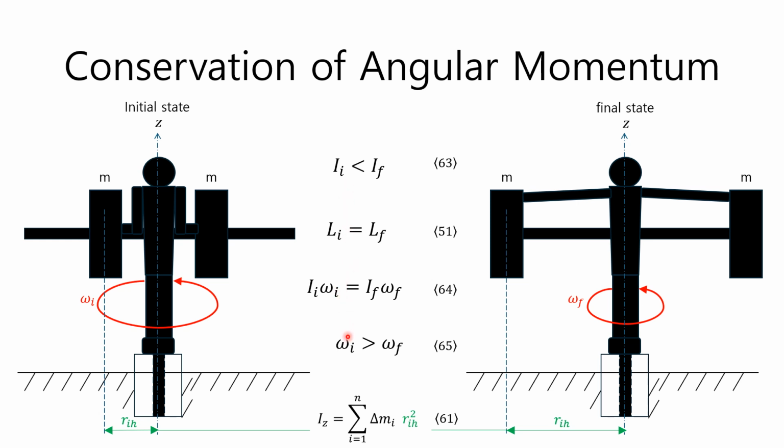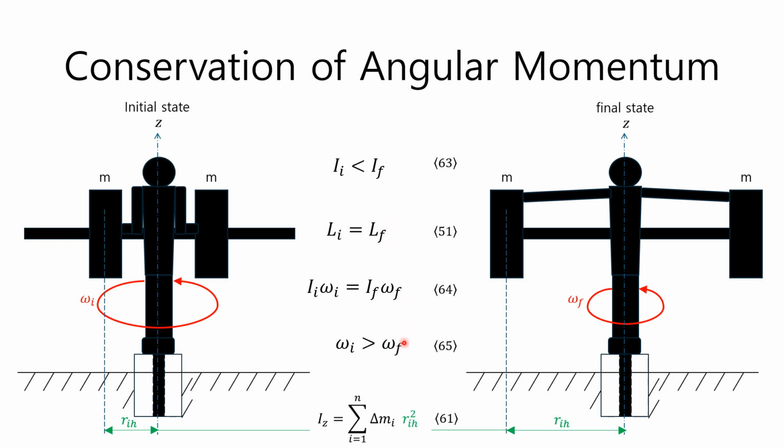Next, a standing person in the final state maintains the state of pushing the left and right masses m outward as much as possible. At this time, the angular velocity is omega f, the mass moment of inertia is If, and the angular momentum is Lf, which represents the final state.